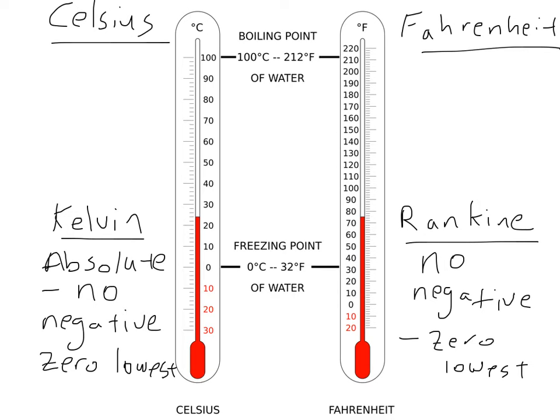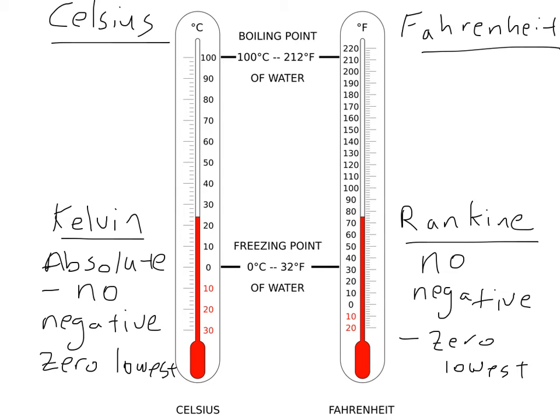As far as the difference between the temperatures, Celsius and Kelvin are on the same scale. The only difference between Celsius and Kelvin is that Kelvin goes down to 0, Celsius goes down to negative 273. So you can convert between Celsius and Kelvin just by adding 273 or subtracting 273, and we'll go over that in just a minute. Fahrenheit and Rankine, they're both English units.